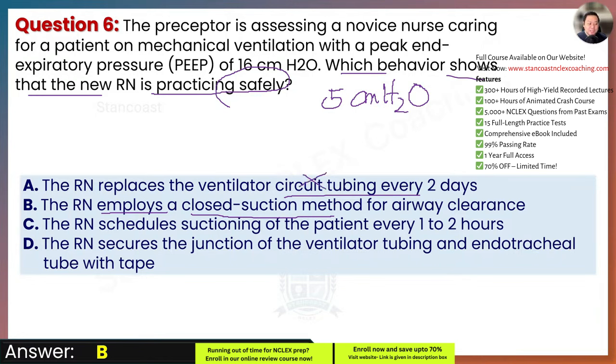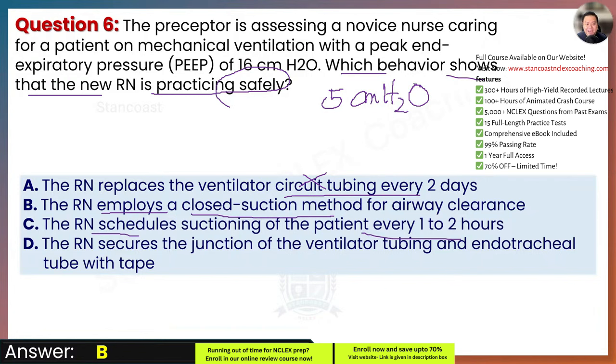Now, what about letter C? The RN schedules suctioning of the patient every 1 to 2 hours. The red flag here is the schedule. Every 1 to 2 hours. It suggests suctioning at fixed intervals rather than based on the patient's need. And I want to emphasize that routine suctioning can be harmful because it irritates the airway, it can cause trauma, and it will also increase infection risk.